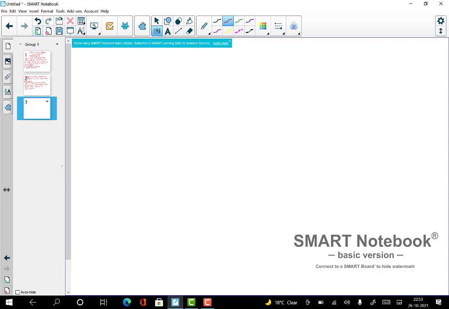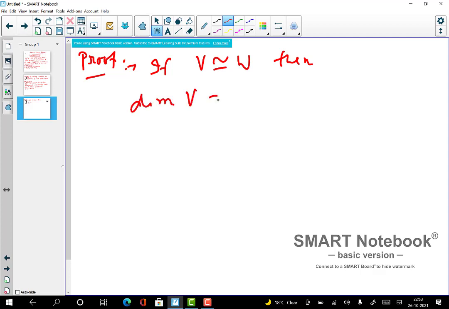So how do I prove it? Proof. One part is obvious: if V is isomorphic to W, then the dimension of V is equal to the dimension of W, and this I am not proving.